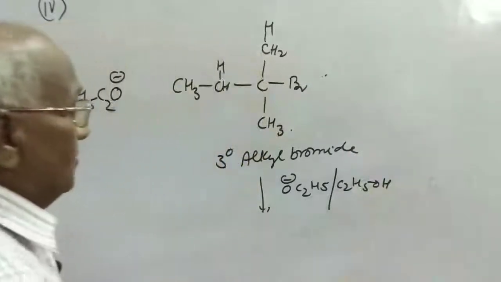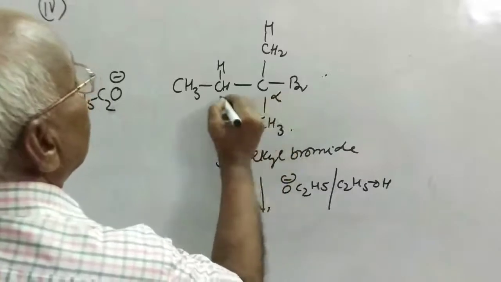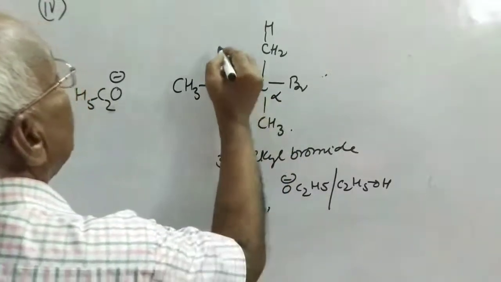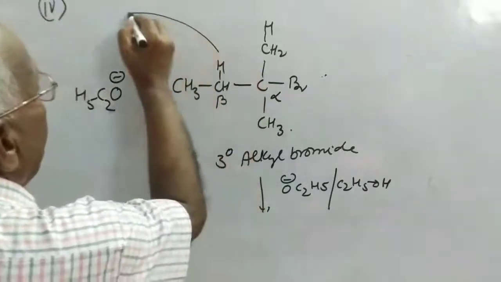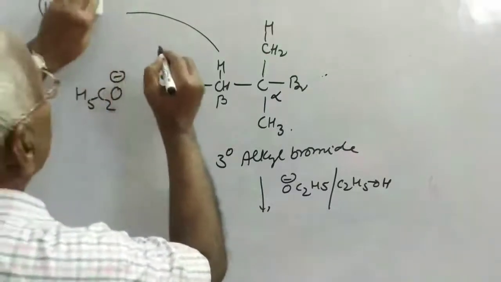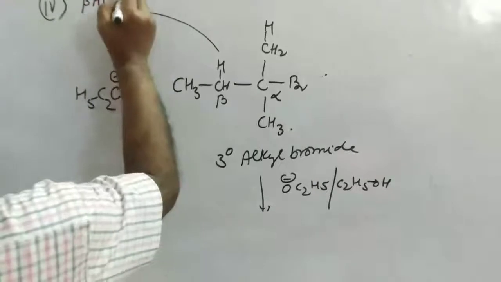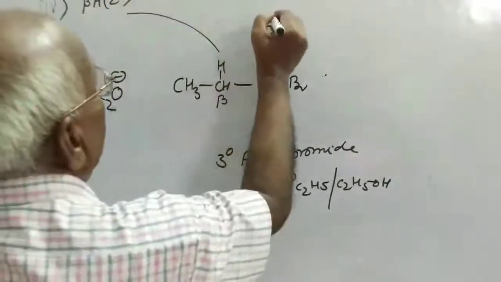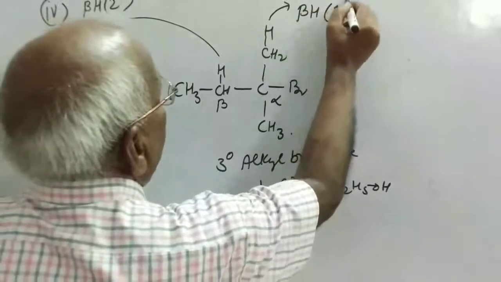Now see the substrate. This is alpha carbon. This is beta carbon. This beta hydrogen is 2 degree beta hydrogen. This beta hydrogen is 1 degree.